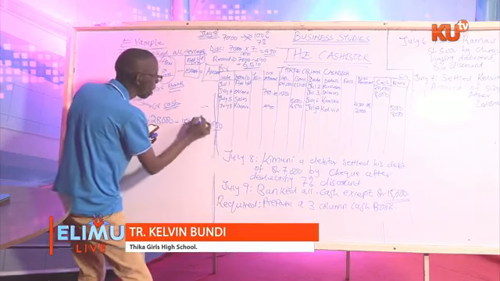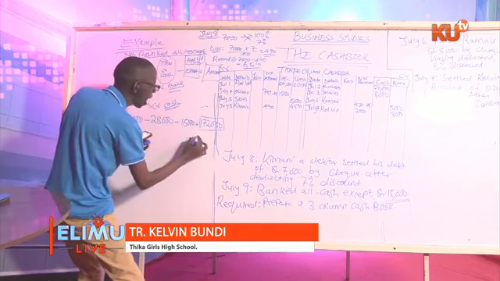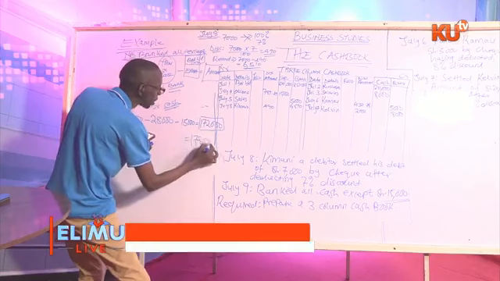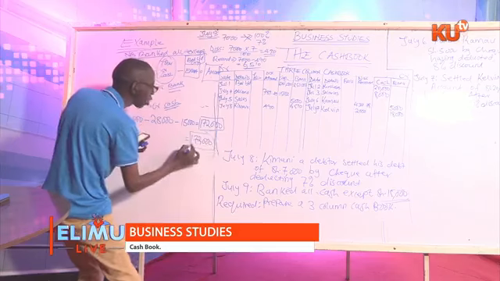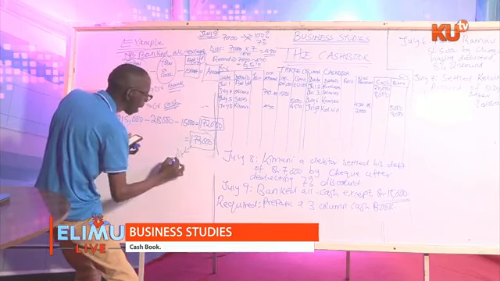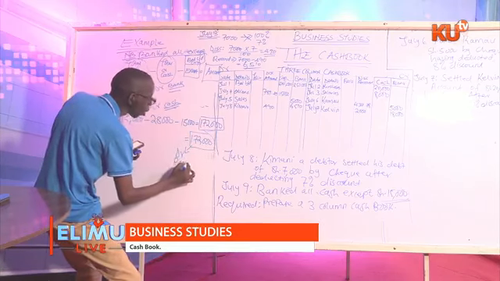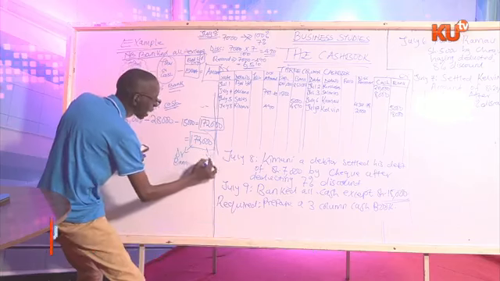This amount of 172,000, you should record on the debit side of bank and record the same amount on the credit side of cash.